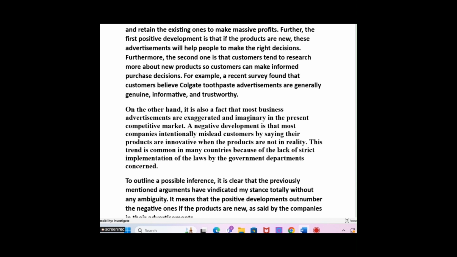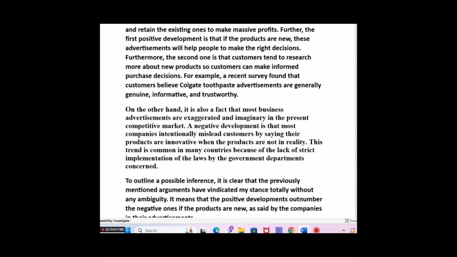Okay, listen to me again. On the other hand, it is also a fact that, fixed template, most business advertisements are exaggerated, overstated, and imaginary in the present competitive market. You can generate this by studying the question and with your background knowledge, of course.